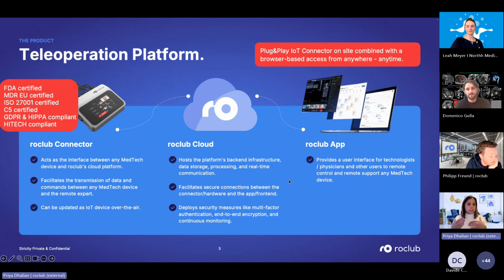The front aspect of the app, which would be something that you and Domenico and the rest of the North Medical team would be involved in, is the roclub app itself. This is the front-end user interface that your remote expert would be able to log on to and then have access to the examination that you are currently conducting.